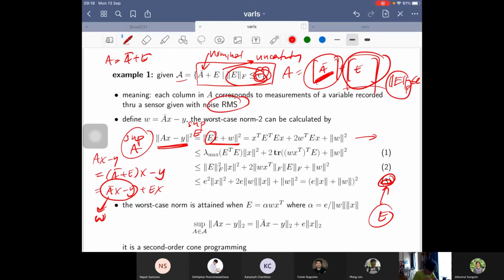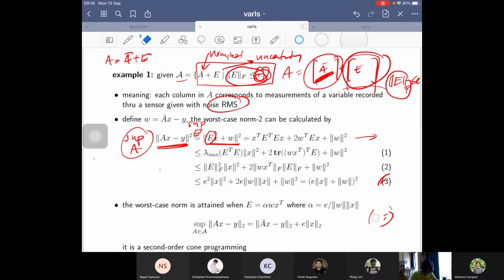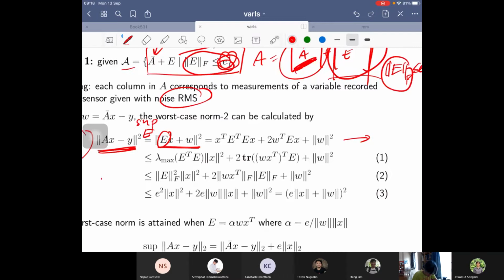Next, the process is purely results from linear algebra. First, I would like you to take a look at the quadratic form in x that is bounded by the lambda max of E transpose E times the norm square.